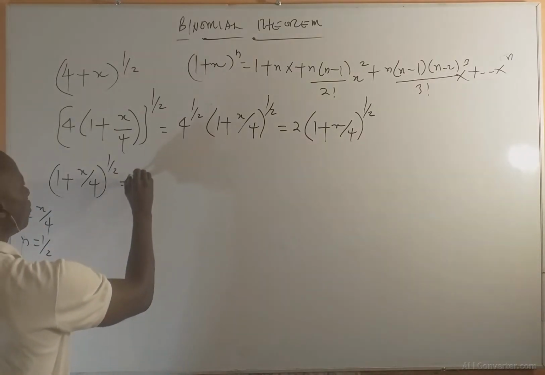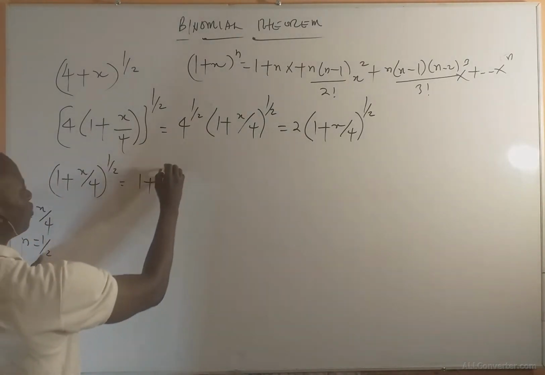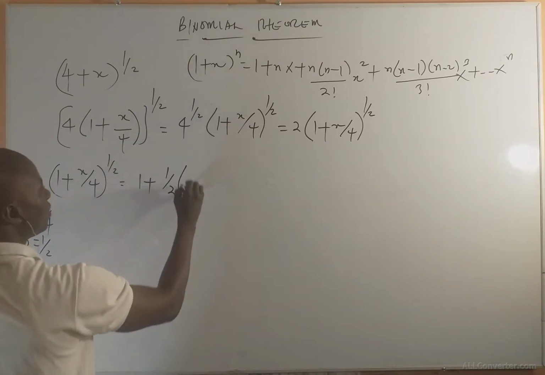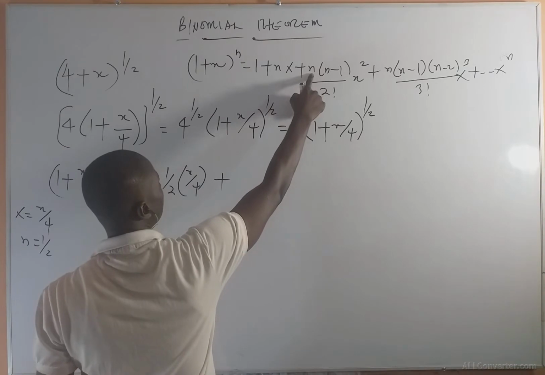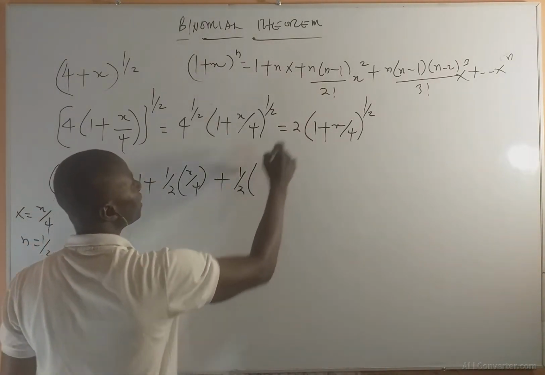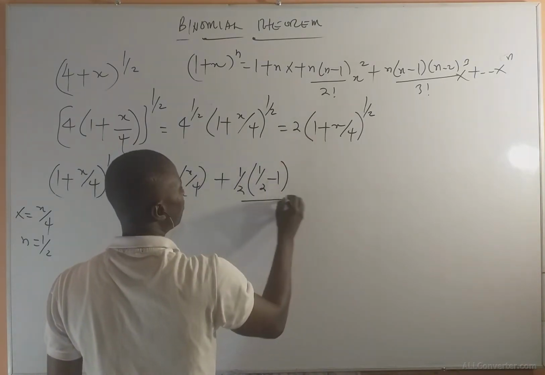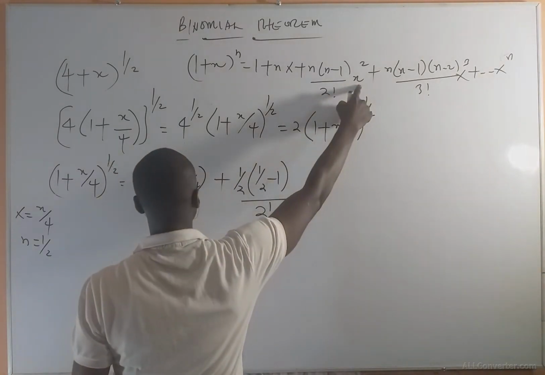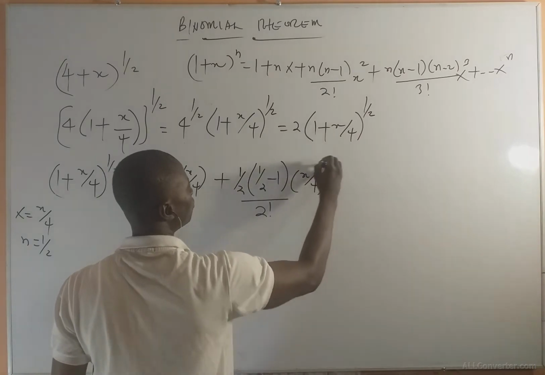And so this should be 1 + nx, and n is now half, so you have half times x, and x is now x/4. Then plus, the next one is n, which is still half, so you have half times (half minus 1), over 2 factorial, times x squared, and x is still x/4, so we have (x/4)².